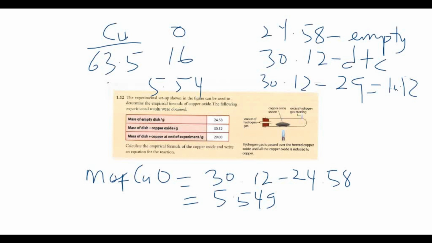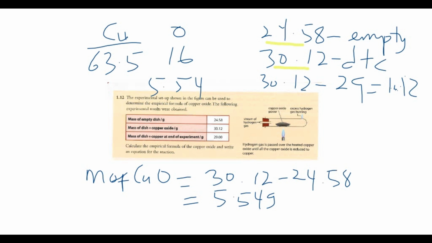Now, we've been given the mass of the empty dish and then the mass of the dish plus copper oxide. So we can quickly find the mass of copper oxide by doing a subtraction between these two. When we do that subtraction, what we get is the mass of copper oxide.